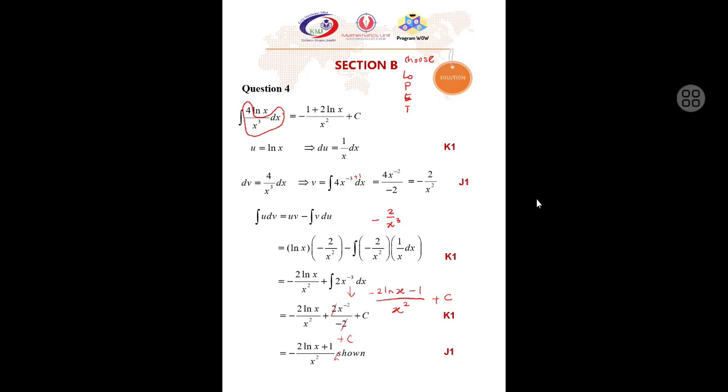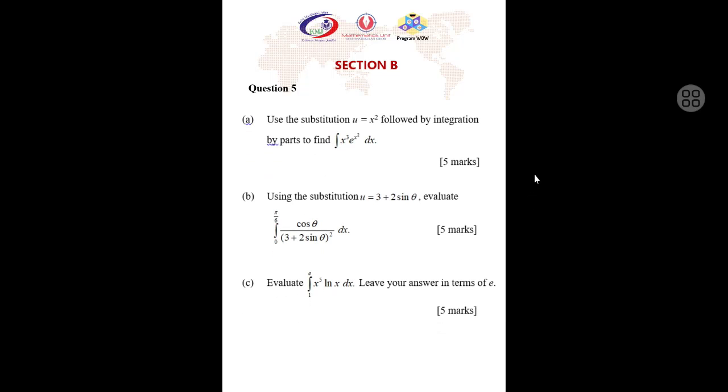Okay, and then next question. So that is question 4. Question 5, you have A, B, C. Let's take a look at 5a first. By using substitution u equals x squared, followed by integration by parts, find the integral of x cubed e to the x squared.